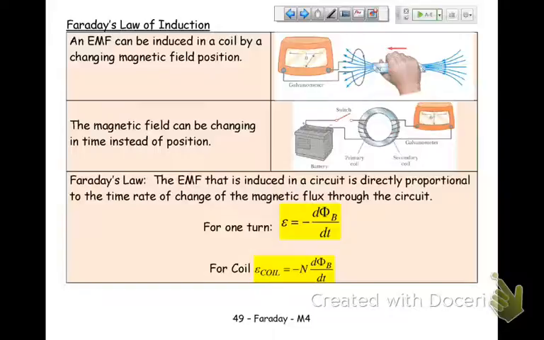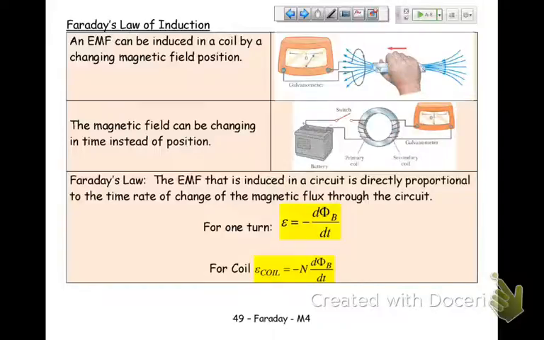Electricity carries energy, and I can use a mechanical system to create an energy-carrying electrical system. This is the basis for my generator. In the power station, we don't have a whole bunch of people moving magnets backwards and forwards, but we have a coil that spins inside a magnetic field. Move the coil instead of the magnet, same thing.